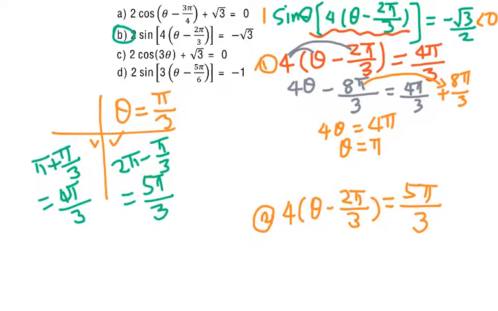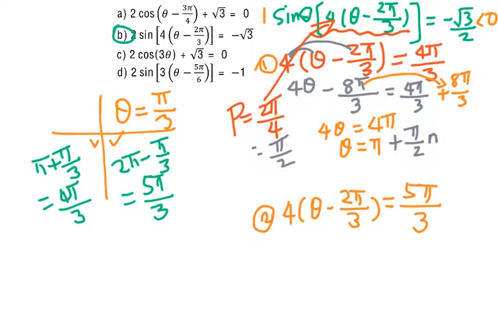Then what's the period for this? Your period equals 2 pi over b, which is 2 pi over 4. You will get pi over 2. So I add pi over 2 times n, where n is integers. That's the general form for theta 1.